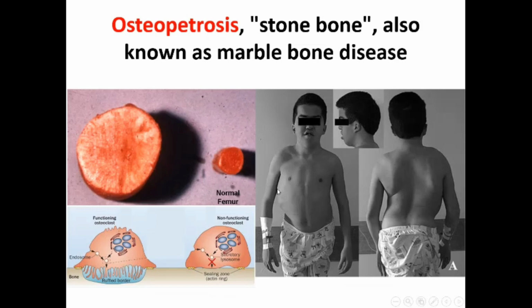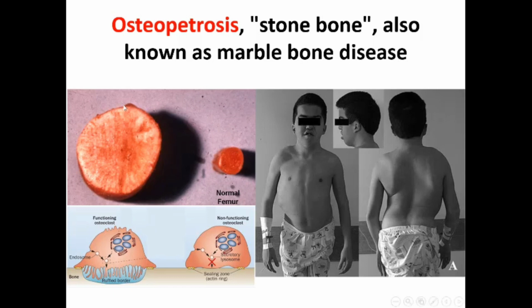And here we have one bone disorder called osteopetrosis. Osteopetrosis is a genetic disorder. This patient is characterized by a dense and heavy bone called marble bone, stone bone. In these patients, we have just bone formation without bone resorption.